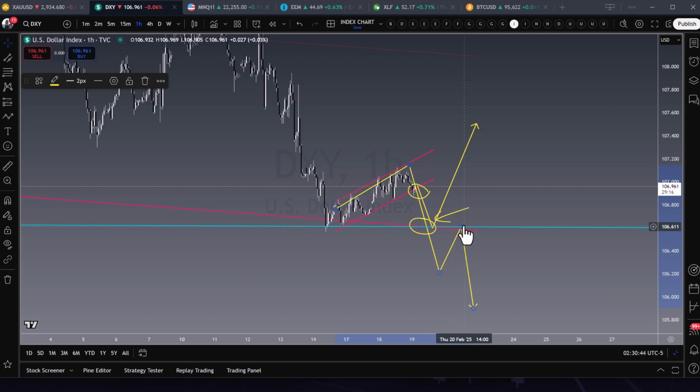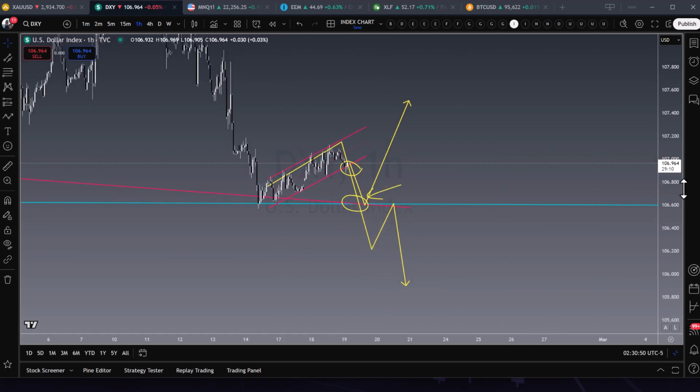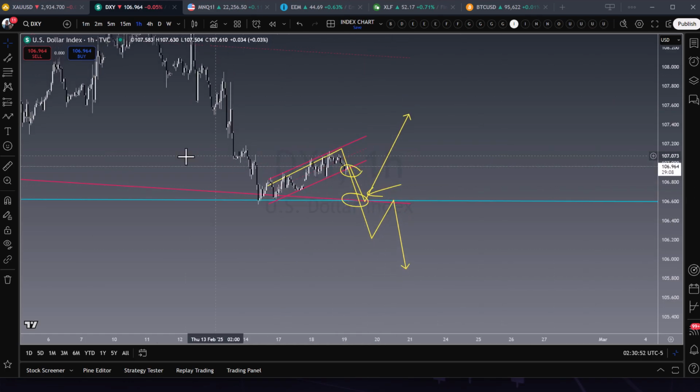That would be the area we would look to take our trade right there on the retest. Or the third, dollar could just lift off here, continue up, pull back, and break through, and continue up to this level right up there. So those are the three ways we are looking at dollar.